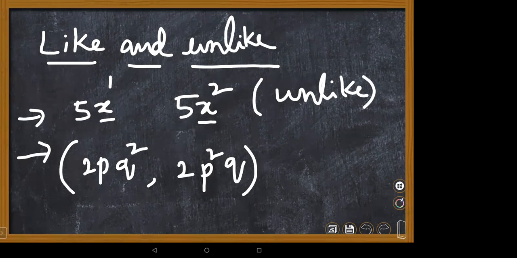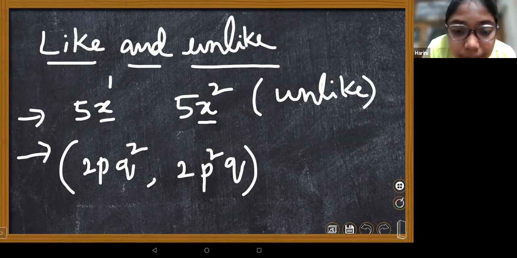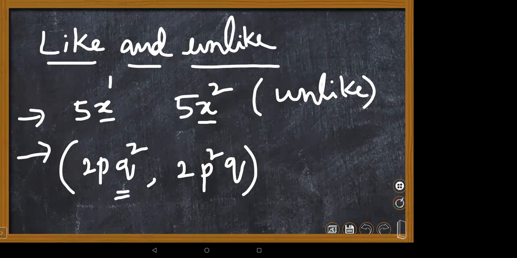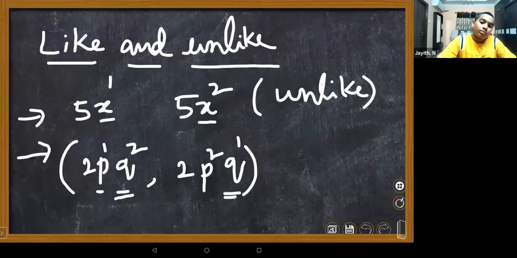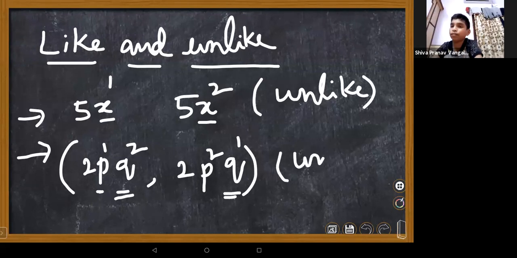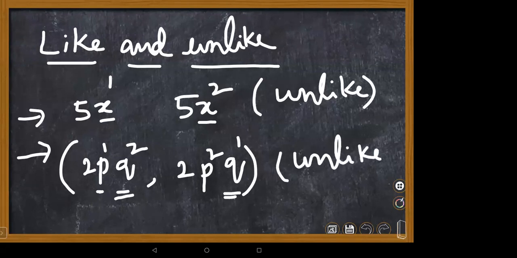It's unlike, ma'am. Yes, very good, correct. Because this is q square and this is p square. Here the power of q is 1 and 2, and here the power of p is 2 and 1. Both are not the same, right? Yes, ma'am, they both are different. Jait, you got the point?